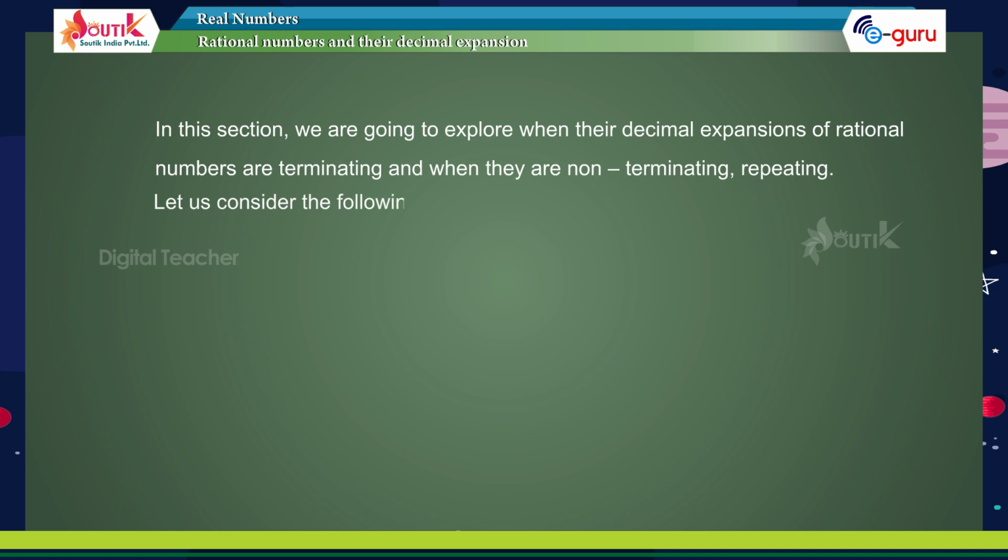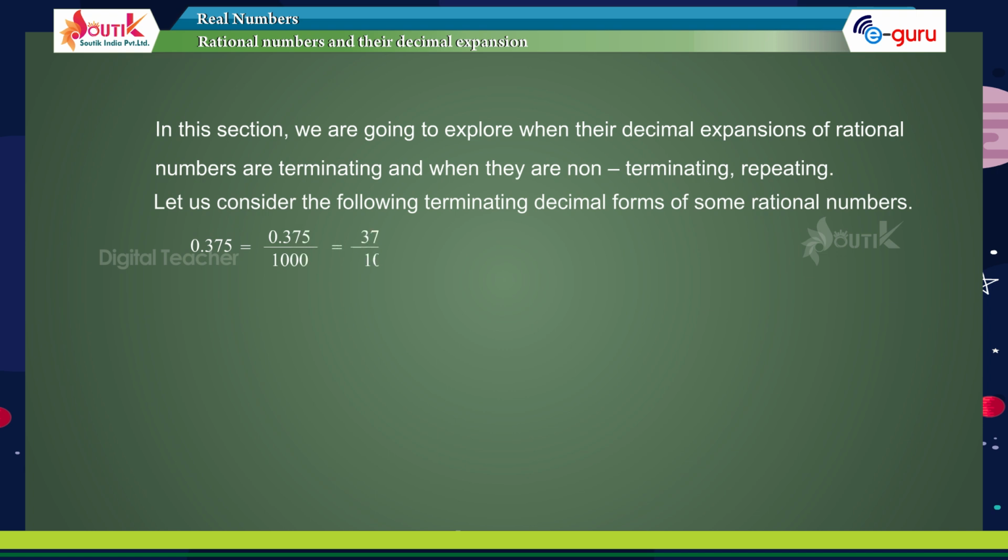Let us consider the following terminating decimal forms of some rational numbers. 0.375 equals 375 by 1000, which equals 375 by 10 to the power of 3. 1.04 equals 104 by 100, which equals 104 by 10 to the power of 2. 0.0875 equals 875 by 10,000, which equals 875 by 10 to the power of 4. 12.5 equals 125 by 10, which equals 125 by 10 to the power of 1.